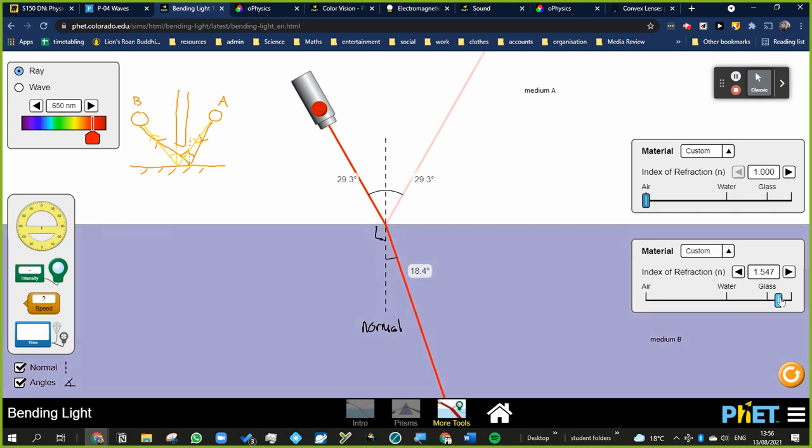Yeah. So now the other thing you'll notice is the index of refraction, or the refractive index, is increasing as well.